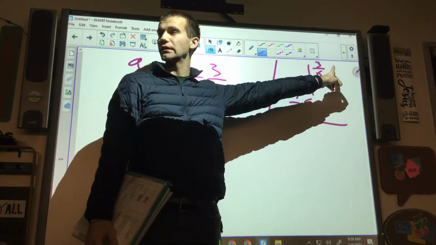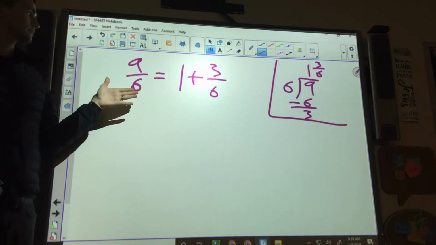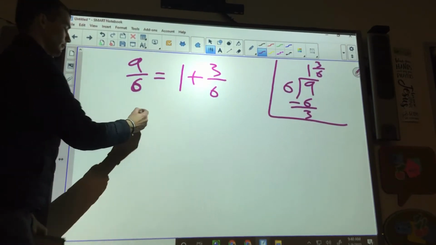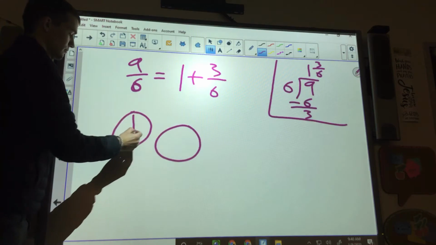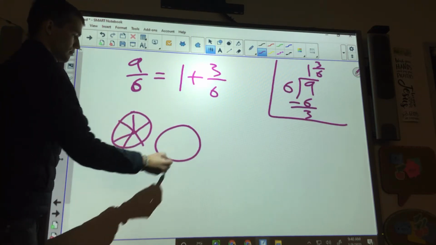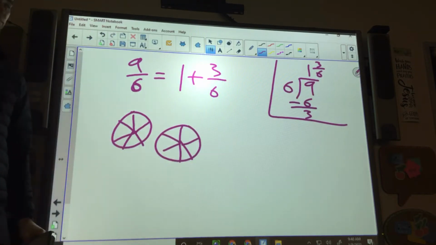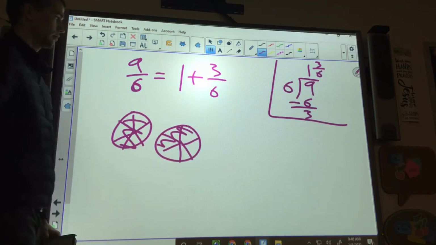6 goes underneath it. Or you can think of it as, hey, this is 9/6, which is basically, let's say you've got 2 circles, they're split into sections of 6. This is 6 of them, and this is 3 more.